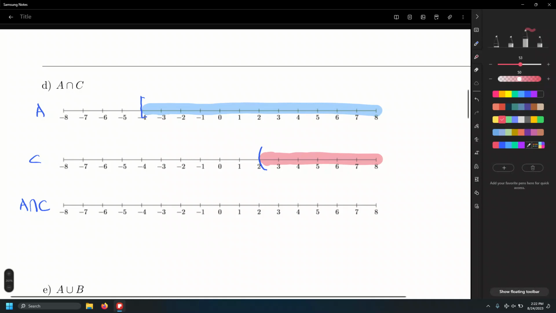Let's make a sandwich of the two sets right here. On the one hand, that's blue, all the blue one, and all the red one.